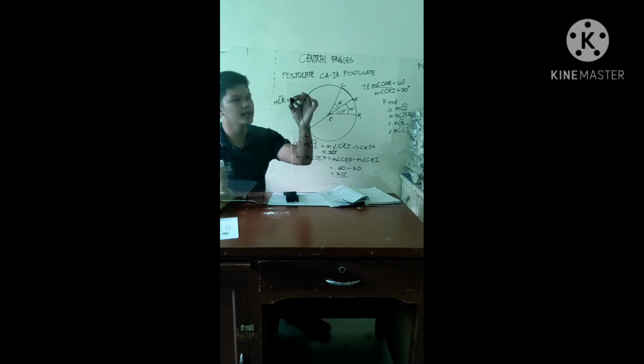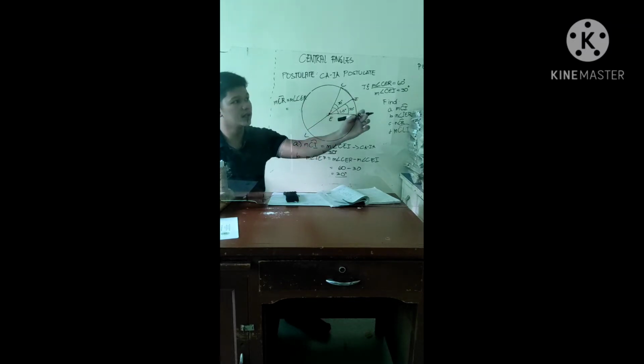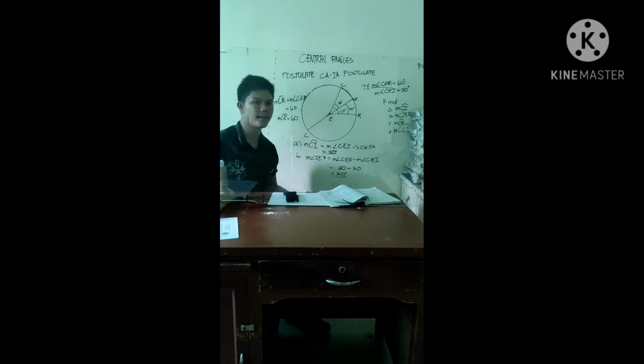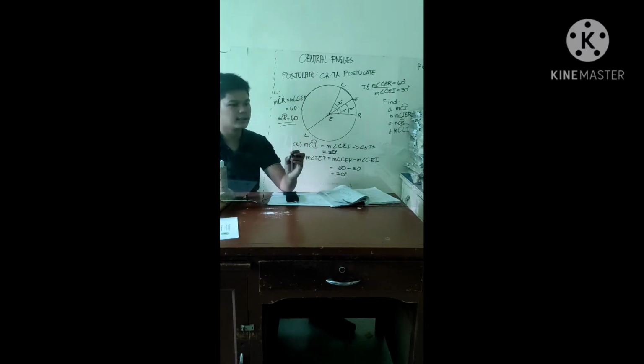Okay? So, meaning, measure of arc CR is equal to measure of angle CER. Okay? So, meaning, measure of angle of CER is 60. Meaning, your measure of arc CR is equal also to 60. Yan lang dali. Next, letter D. This is letter C. Letter D naman tayo dito sa ibaba.